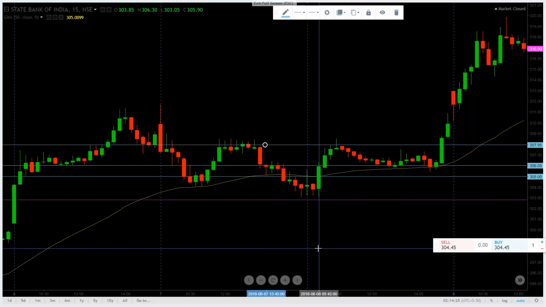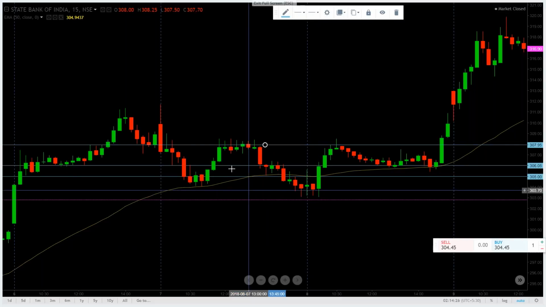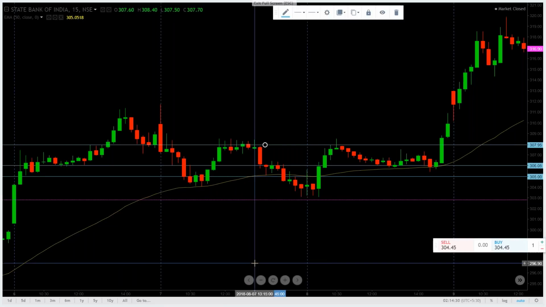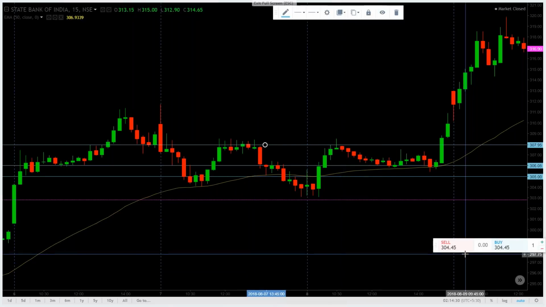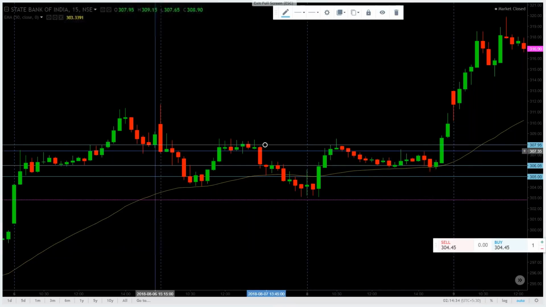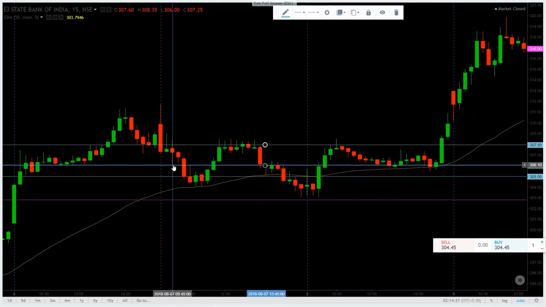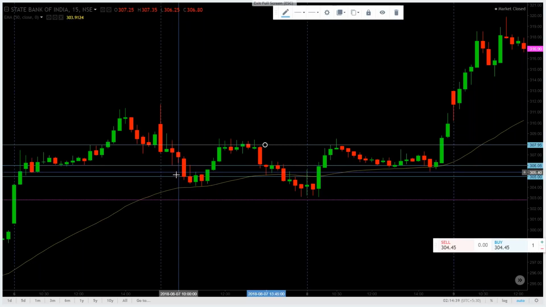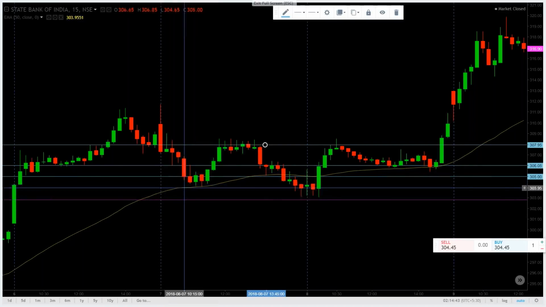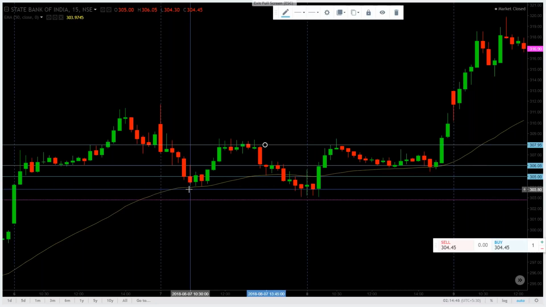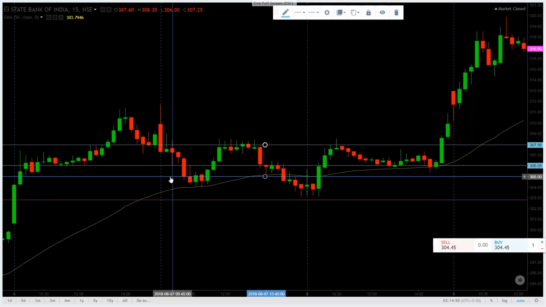Now just look into this scenario. Say you are trading with 100 shares of SBI. This line over here is going to be your entry price, with your target 1 here, and target 2 somewhere on top, because target 2 is not reached. You are supposed to place 50% of your order here.